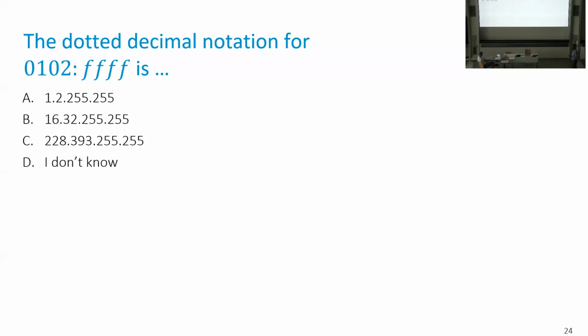So we may need to change format. For example, if I have this address, that's an IPv4 address because it's 2 blocks of 4, so it's 32 bits written using hexadecimal digits, like we would do it if we would invent IPv4 today. If we write it in decimal, what is it?